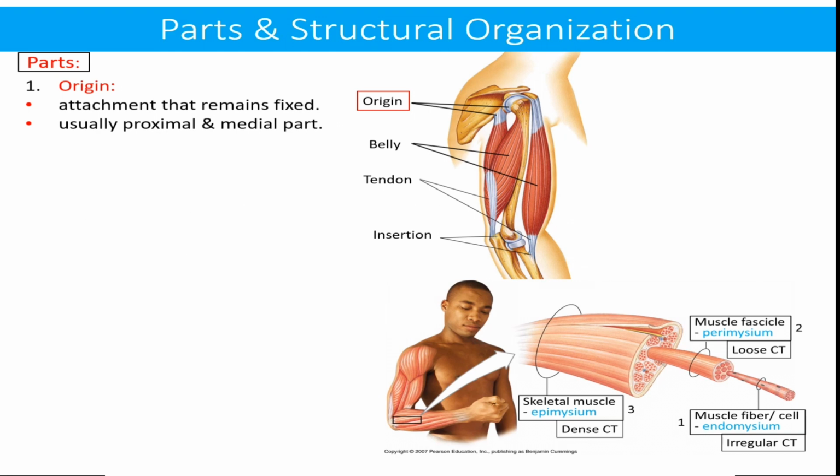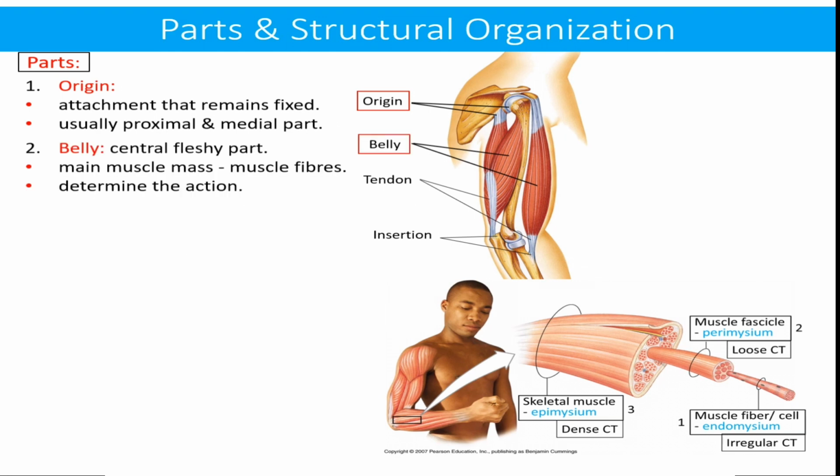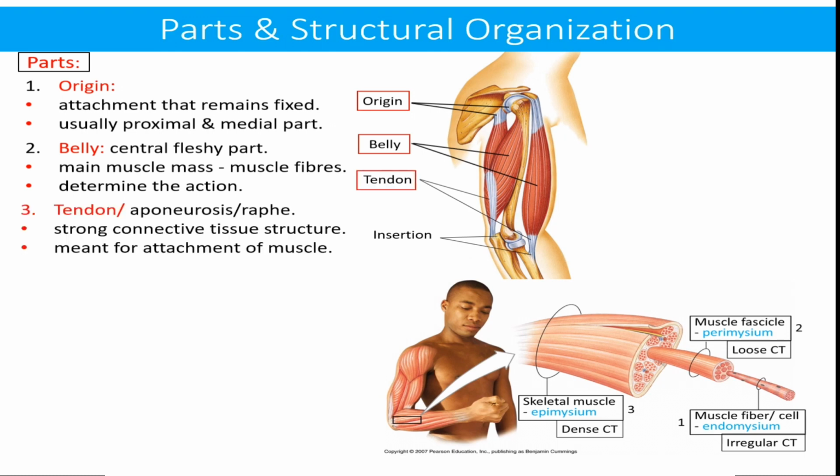Usually it is considered to be the proximal and medial part of the muscle. Second part is belly, which is the central fleshy part and is actually the main muscle mass and is composed of muscle fibers. This part determines the action of the muscle.